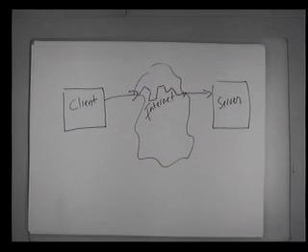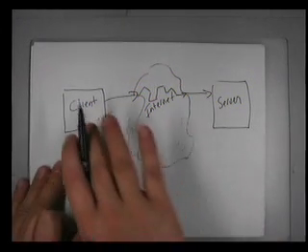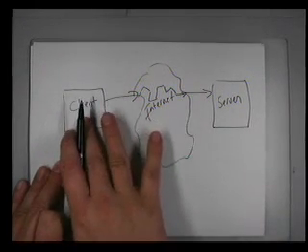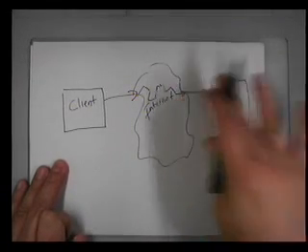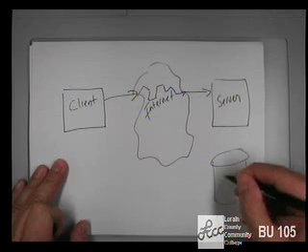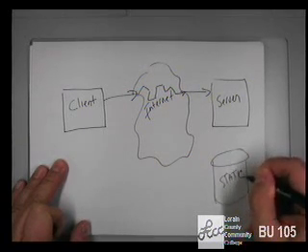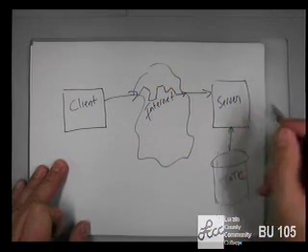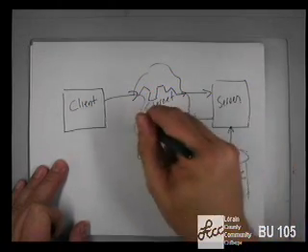At any rate, the bottom line is I make a request from the client. It somehow makes it through the internet and hits the server. In the case of a static HTML page, the web pages are out there and ready to be delivered. So all the server does is grab them and send them.